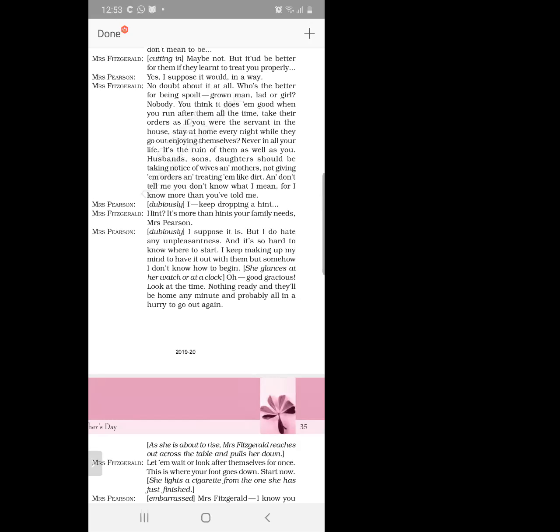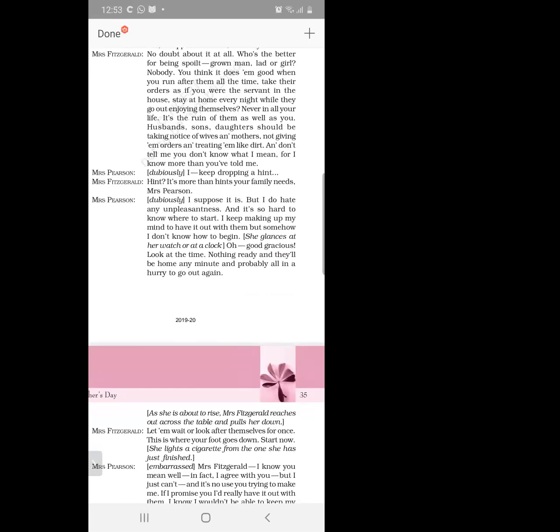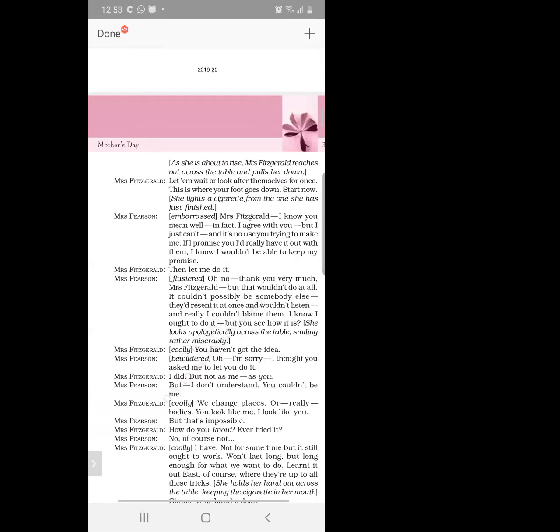Basically, Mrs. Pearson says that she wants to put them on the right path, but because of her soft attitude, she's not able to take stern action against them, and at the same time she doesn't want any kind of unpleasantness in the home. Then she comes back to, oh my God, I am busy talking, and it's time. They will be back. Nothing is ready, dinner is not ready, any minute they will be back, and they will be hurried to go out again, right?